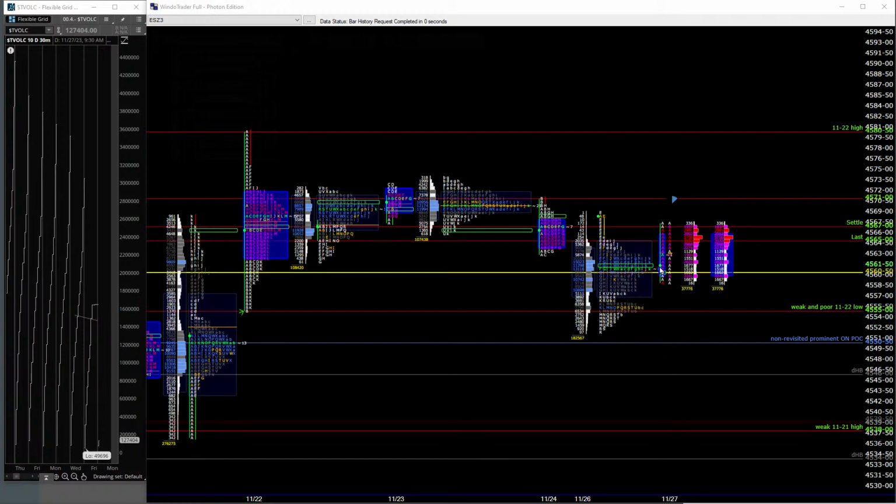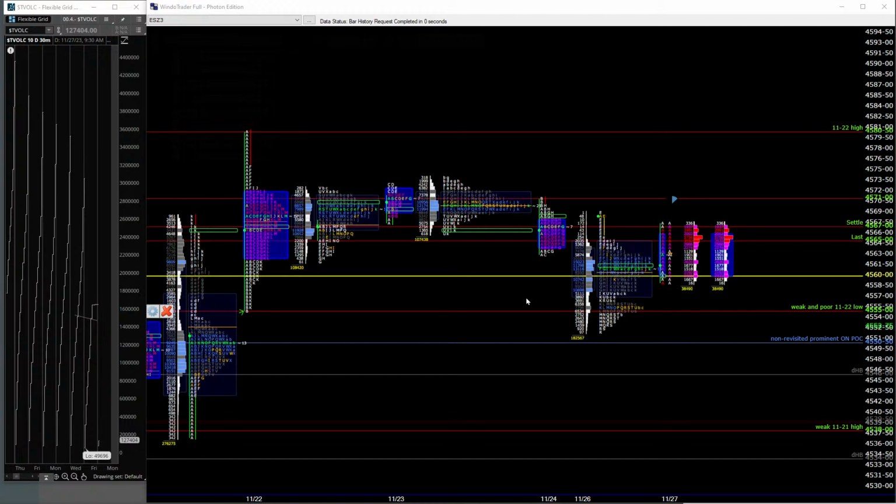This low has been repaired. This week low has been repaired. The week high remains. Still inside A. Market re-entered value area from Wednesday.